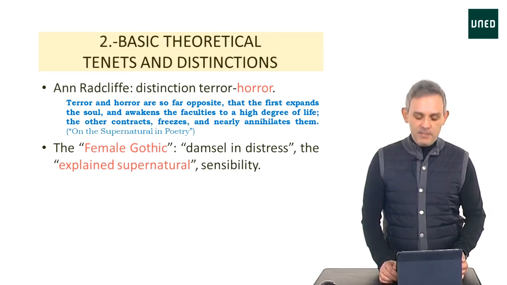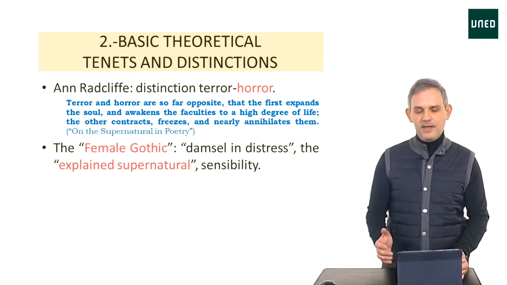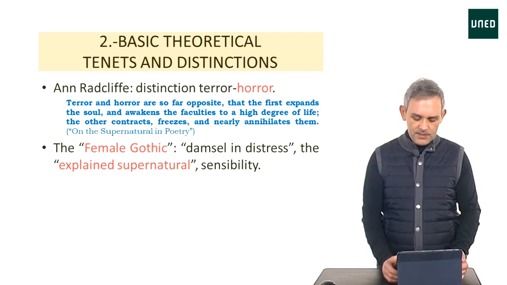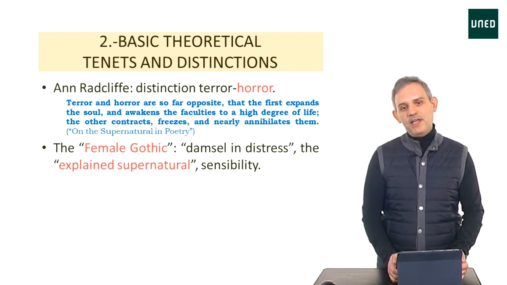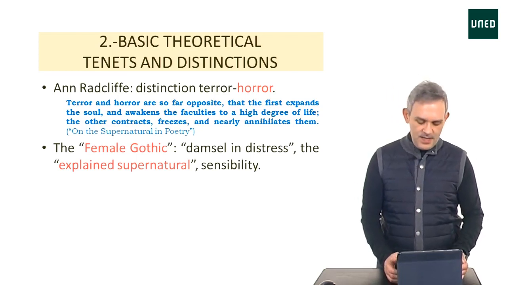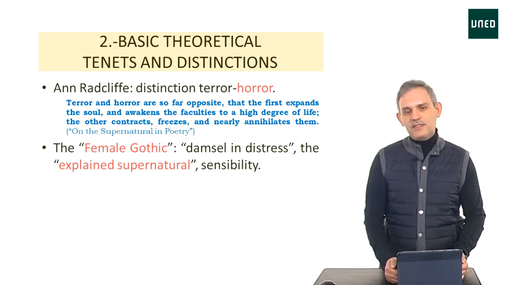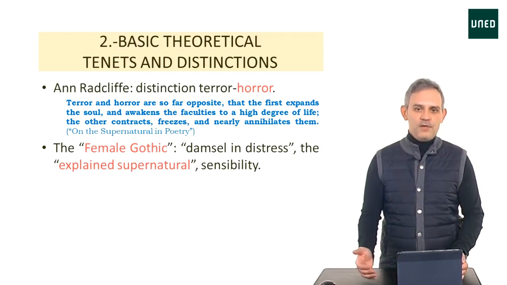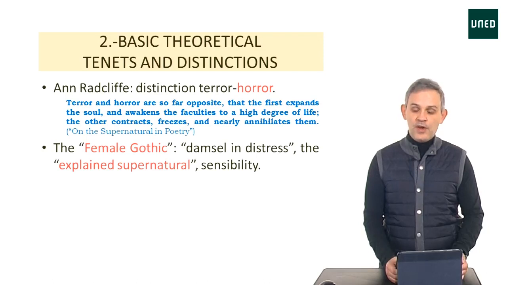Typical in the female Gothic, and especially in Radcliffe's novels, is that mysteries are rationally explained away at the end, and they are explained or dismissed as figments of the heroine's imagination or the product of her misinterpretation. And this is known as the explained supernatural.